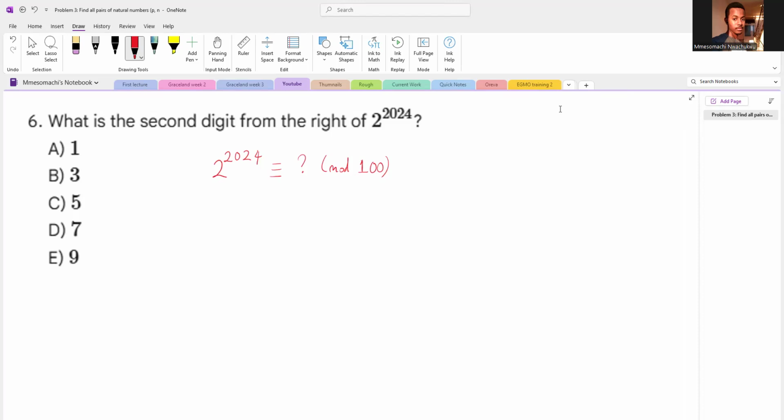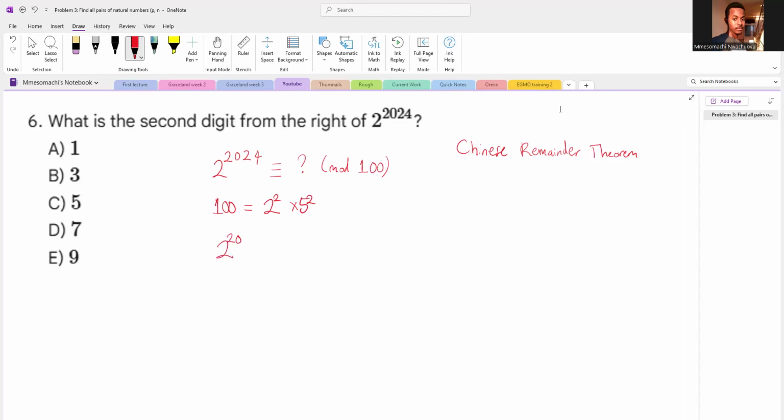A good way to tackle problems like this is to use ideas of the Chinese remainder theorem. These are some things you should learn if you want to participate in contest mathematics. The idea is we consider the prime factorization of 100. We know that 100 is equal to 2 squared times 5 squared.